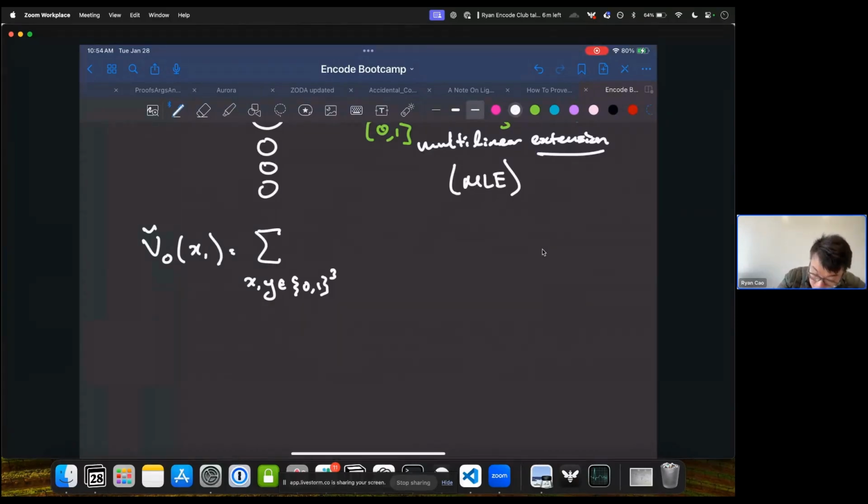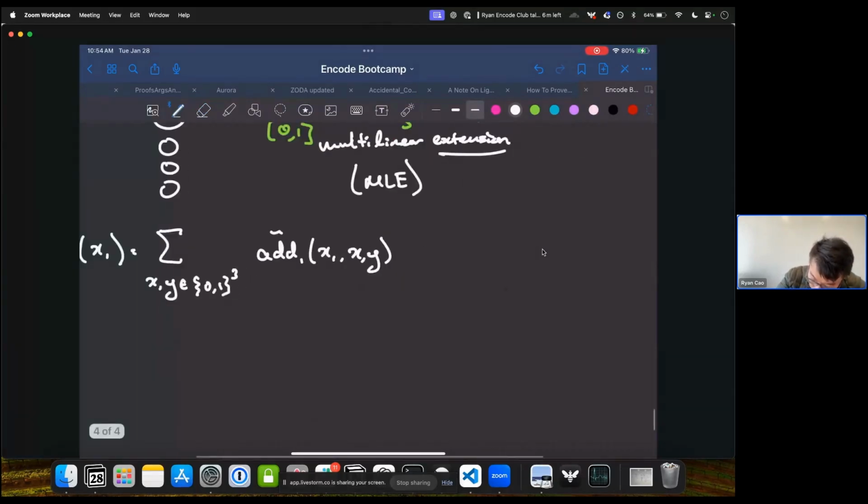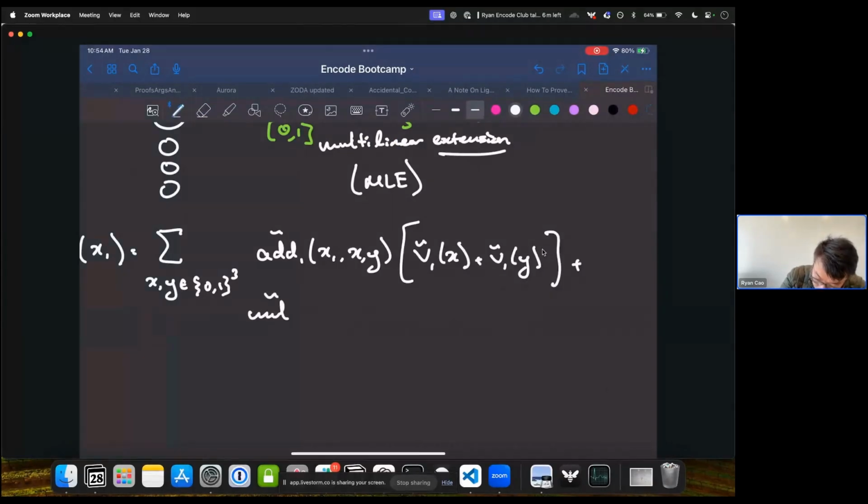And then the idea here is we're going to have add tilde 1 of x1, x, y times v1 of x plus v1 of y, plus mult tilde 1 of x1, x, y times v1 of x times v1 of y.